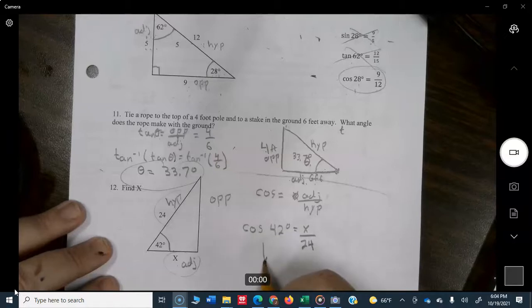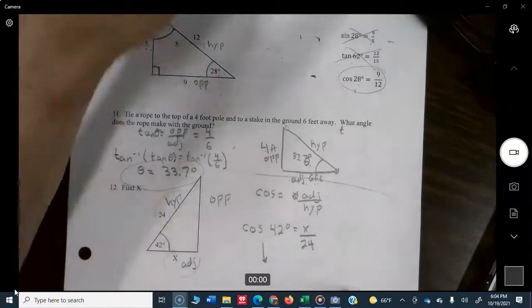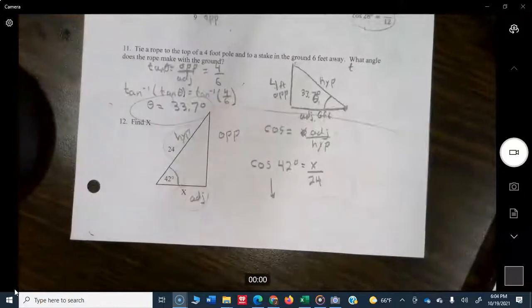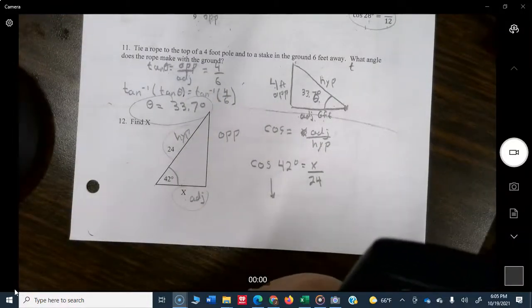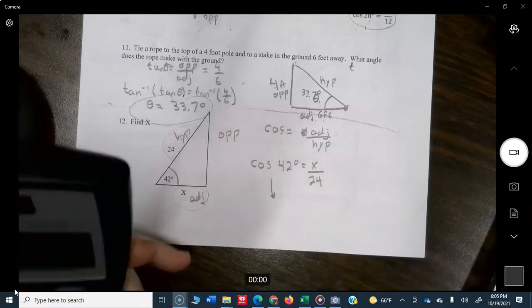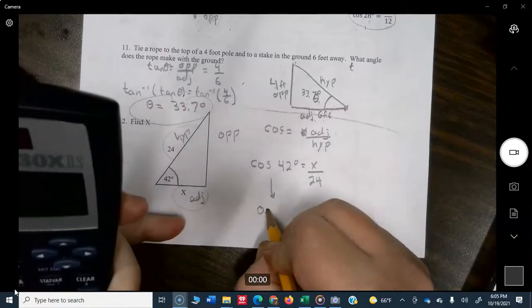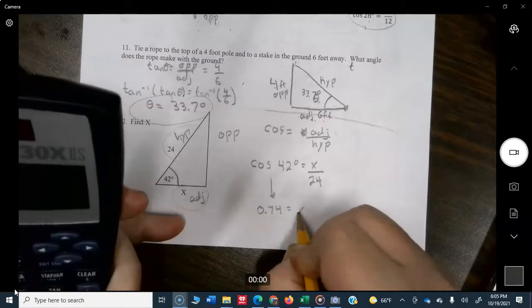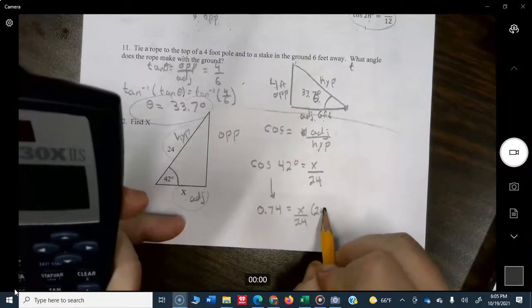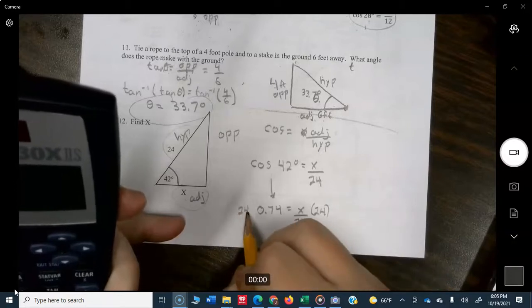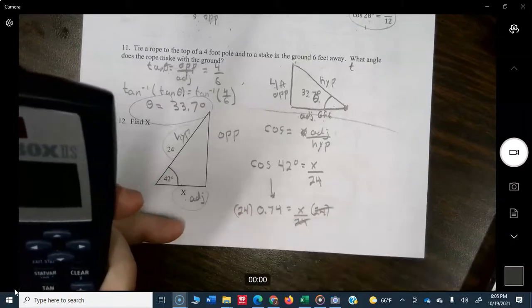Okay, we bring that down, the cosine of 42. And we got 0.74, so 0.74 equals X over 24. Multiply both sides by 24. Cancel, cancel.